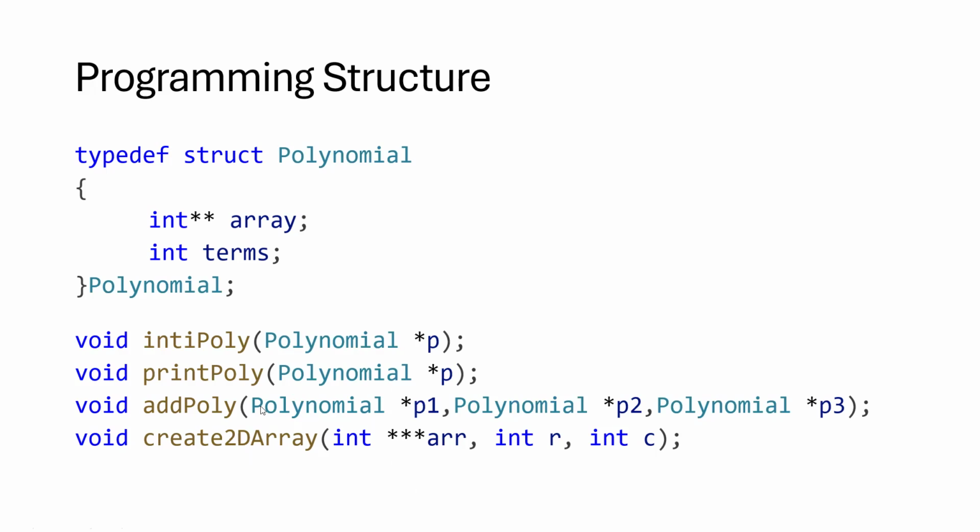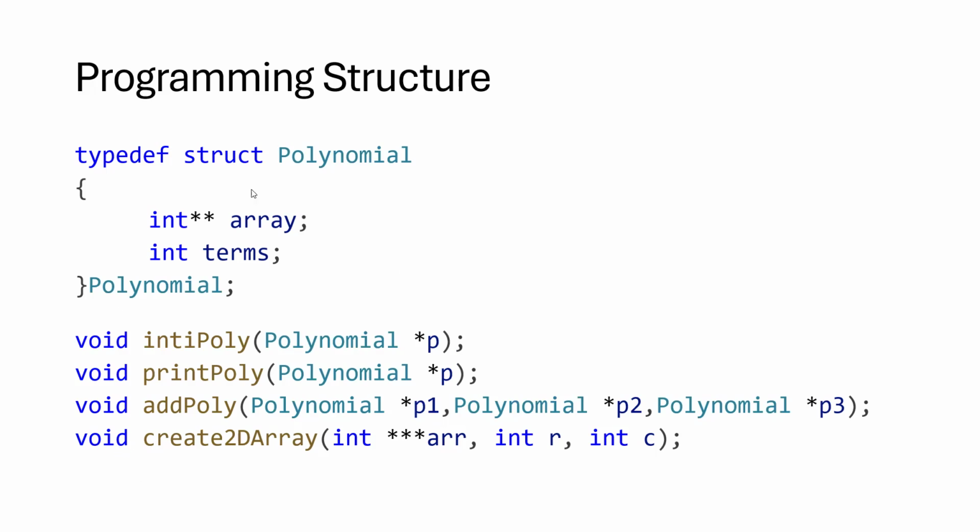So better create a separate function for that. This function will take row number and column number as input, but I don't want to return its address. Rather, I want to pass the address of the int star star variable where I want to hold the address of my 2D array. You can do one thing, you can make int star star the return type.